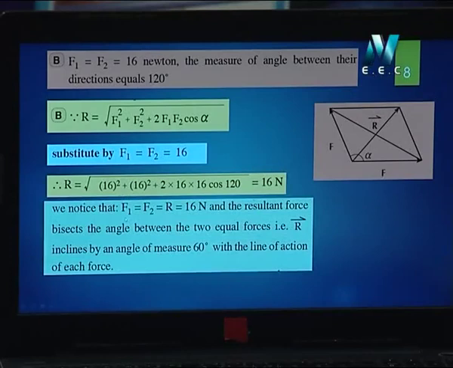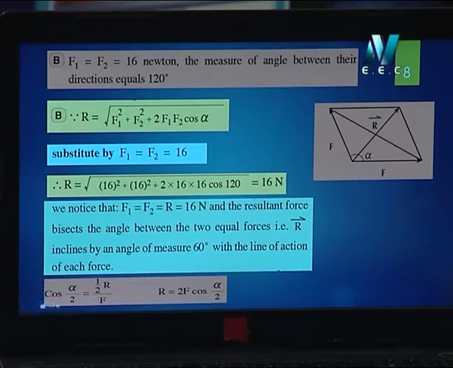We notice that F1 equals F2 equals R equals 16 Newton, and the resultant force bisects the angle between the two equal forces. What does that mean? R inclines by an angle of measure 60 degrees with the line of action of each force.